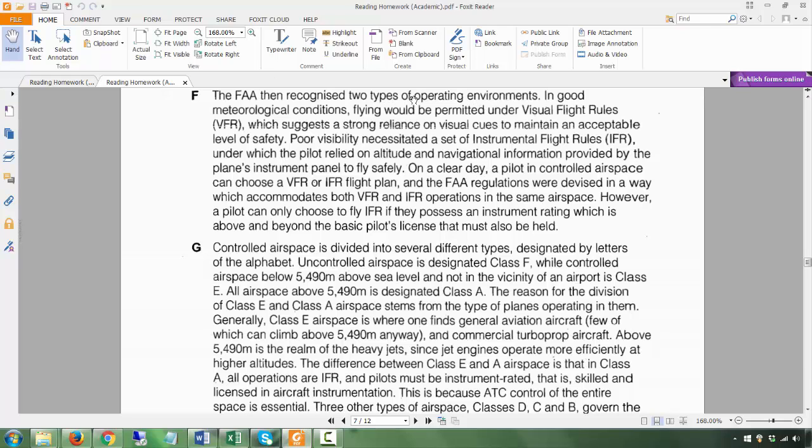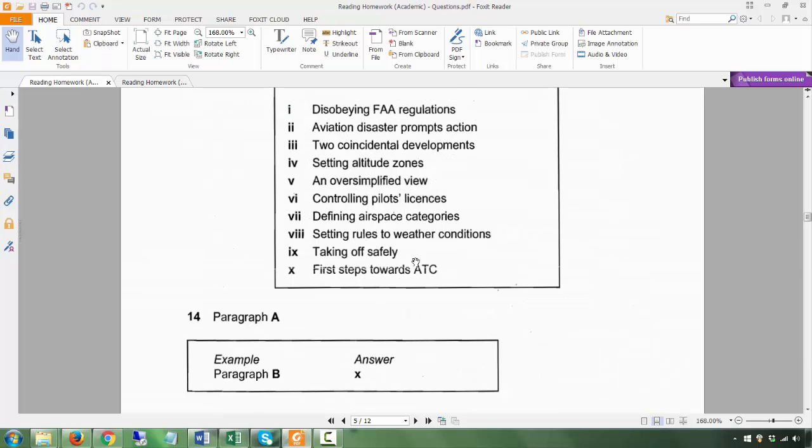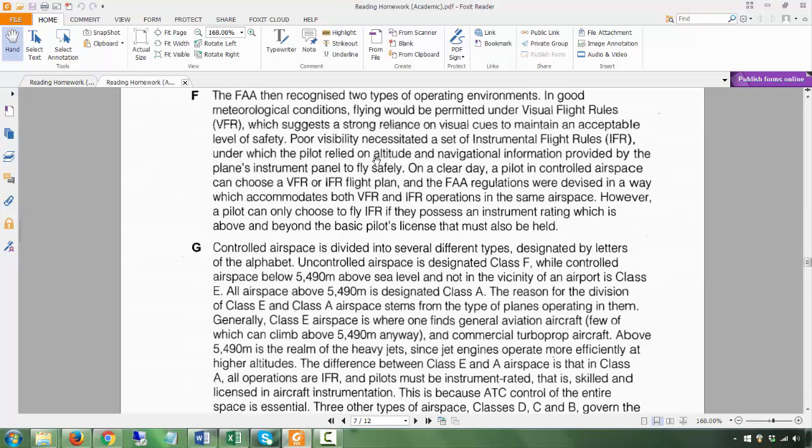Okay, so 2 types of operating environments. In good meteorological conditions, flying will be permitted under the visual flight rules. And poor visibility. Okay, so if the weather is not too good because you are not able to see much, poor visibility, then blah blah blah, necessitated a set of instrumental flight rules.